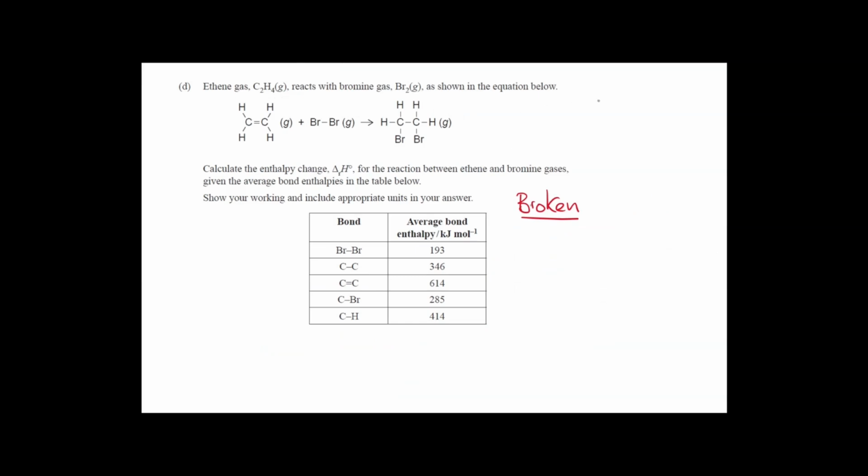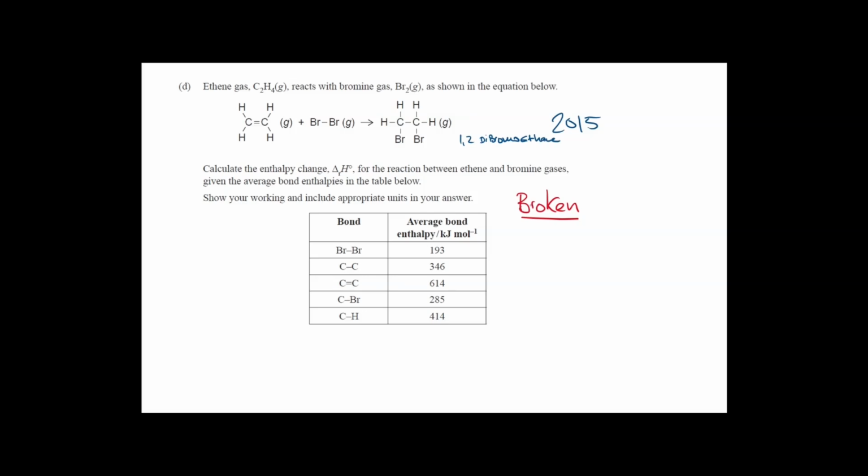Okay, another one. This is from 2015, I think. But let's apply our rules. So we have ethene gas, 2 carbons bonded with a double bond with hydrogen, and it's binding with bromine gas to make this. What would that be? It would be 1,2-dibromoethane, wouldn't it?